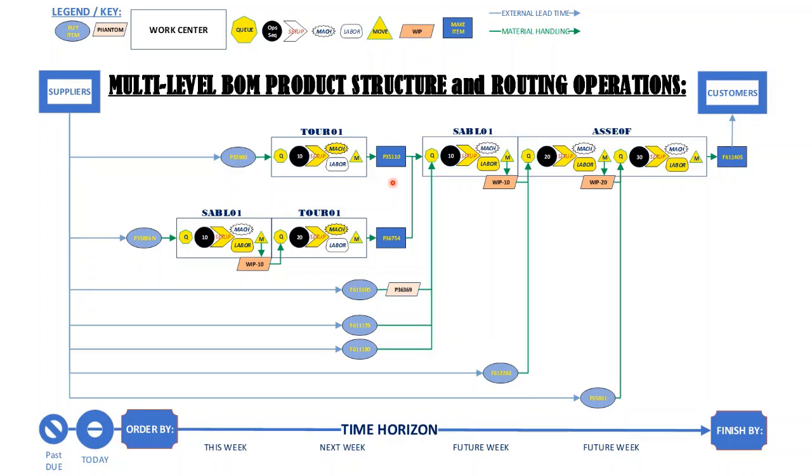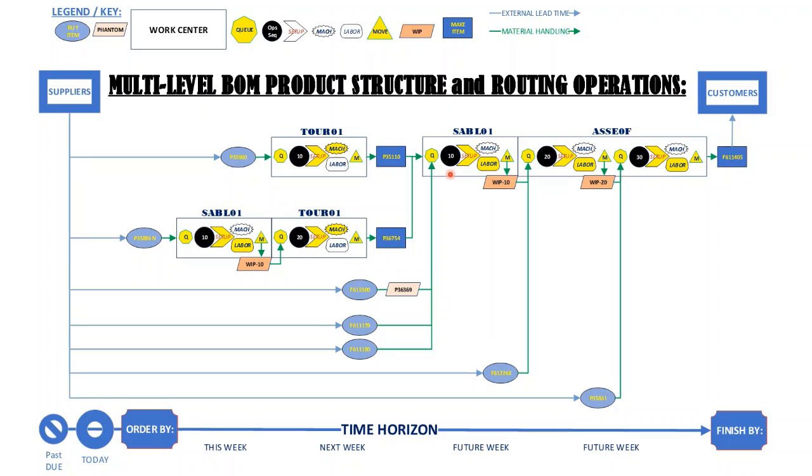On the shop floor, there are supermarkets where we build material to and then draw from or pick from and then stage at work centers when a work center schedule calls for this material.